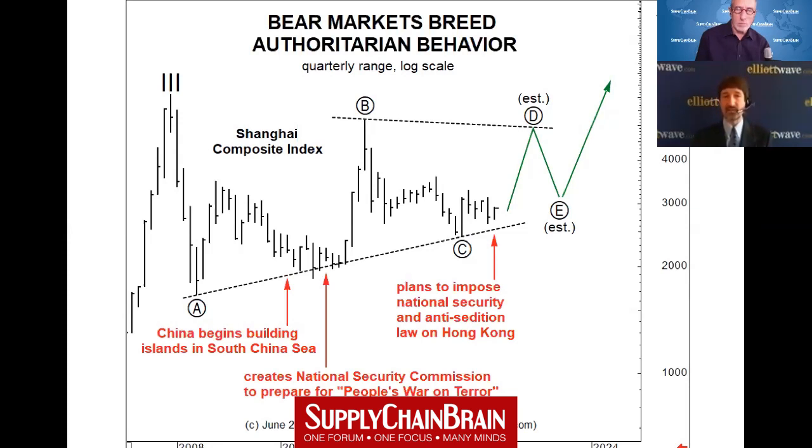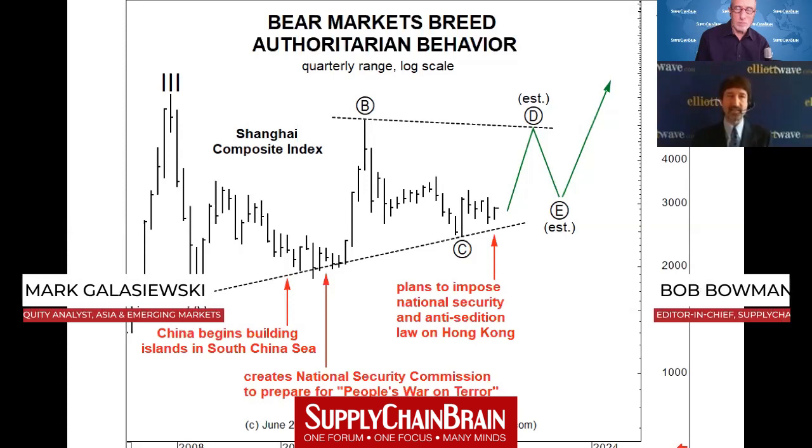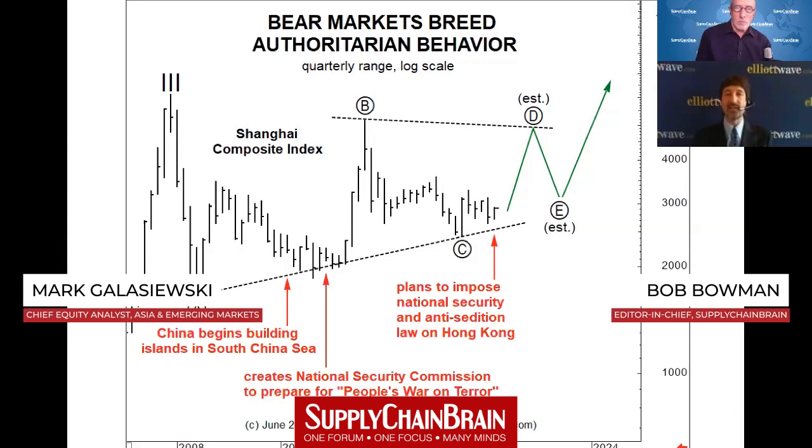The fact that China is an authoritarian state has no impact on the wave patterns, but it does have, obviously, an impact on the social behaviors that it shows, certainly to its population and internationally. And so yes, China is an authoritarian state, but within the authoritarian spectrum, it has particularly ramped up its authoritarian behavior since the 2007 high in the index.